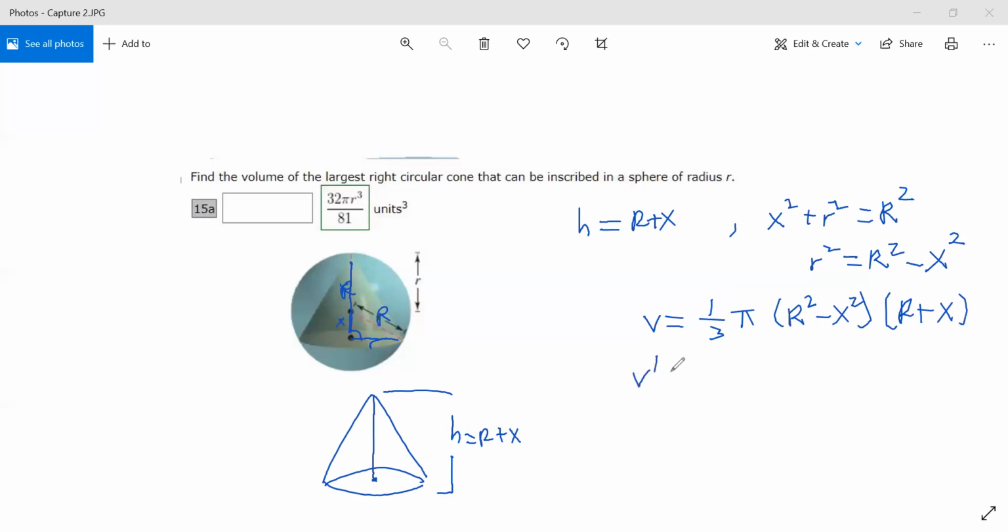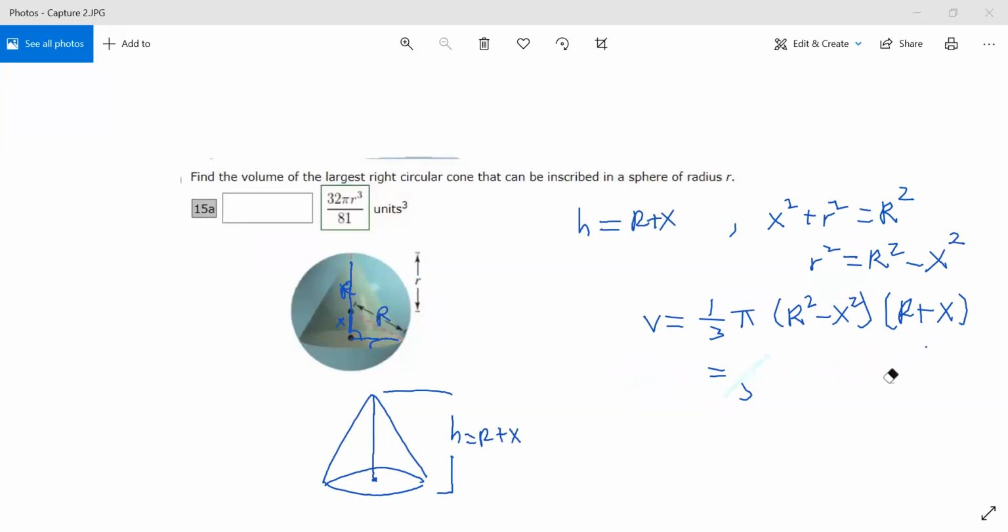So the derivative with respect to x: 1/3 pi is constant, so we keep this. I guess we have to use the product rule here, that's negative 2x times r plus x, or you can multiply and then take the derivative. That might be easier actually.